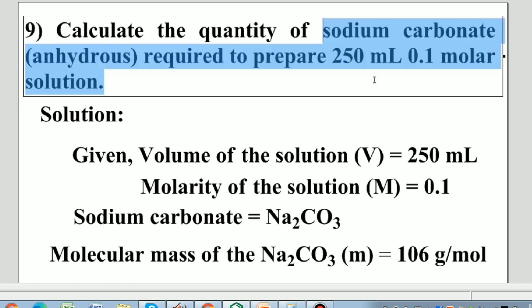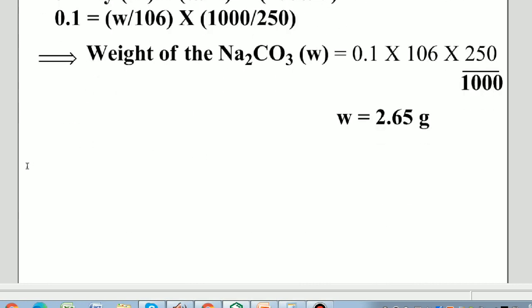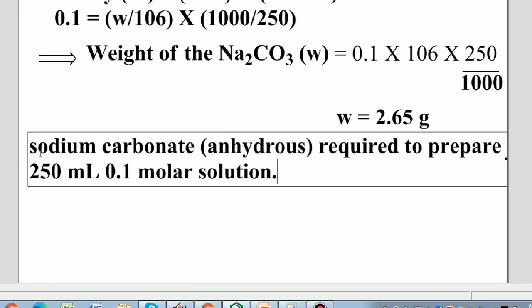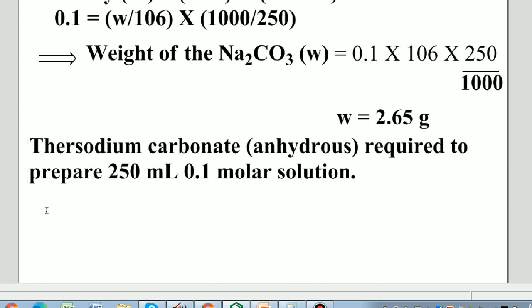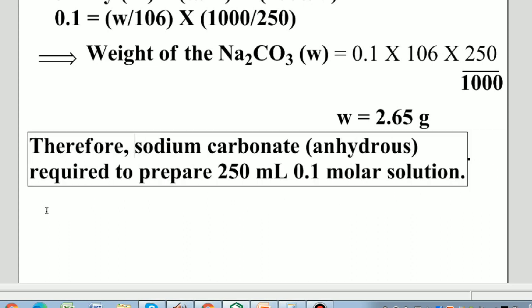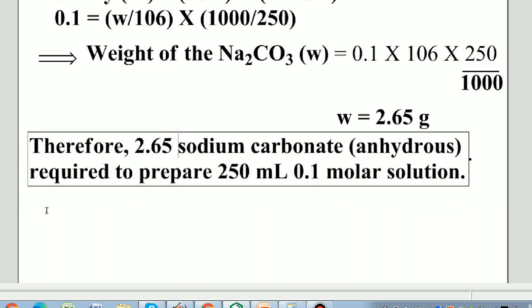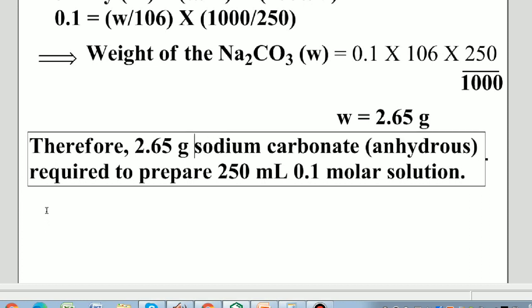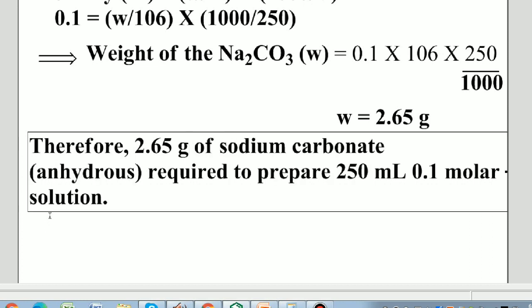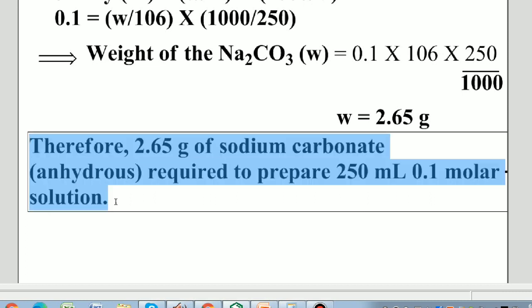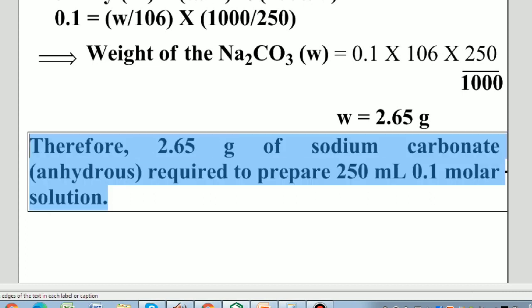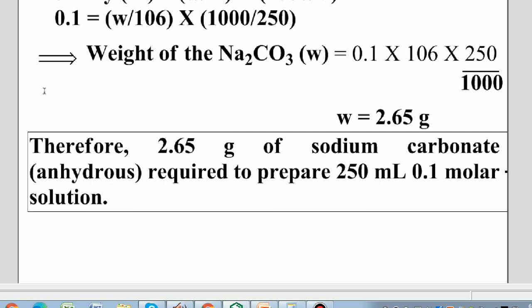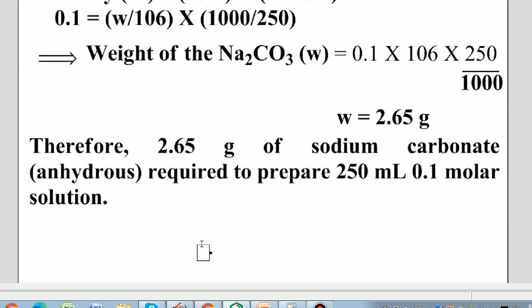We can write at the end of the problem like this: 2.65 grams of Na2CO3 is required to prepare 250 ml of 0.1 molar solution. Okay students, I hope you understood this problem. We can see another problem.